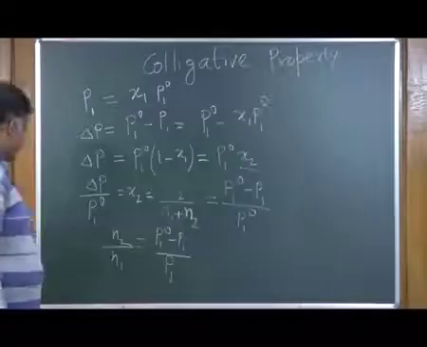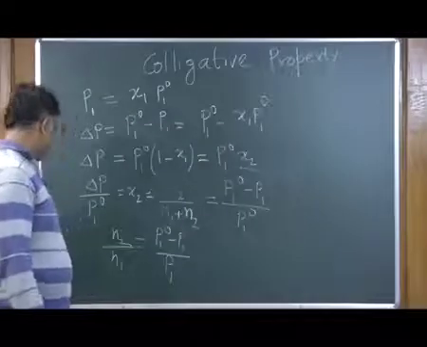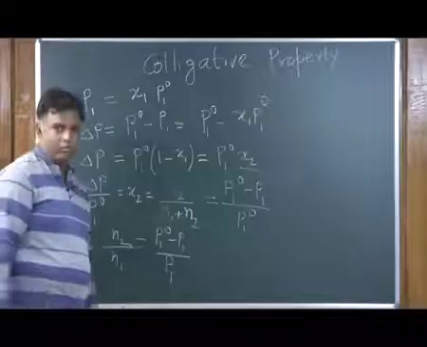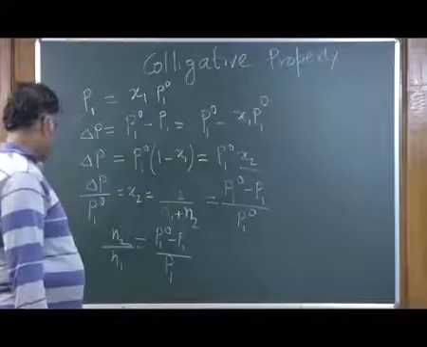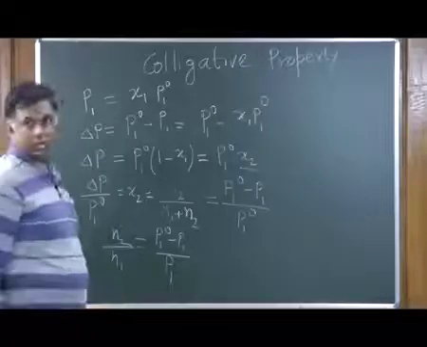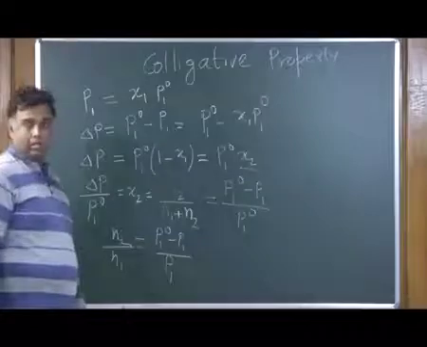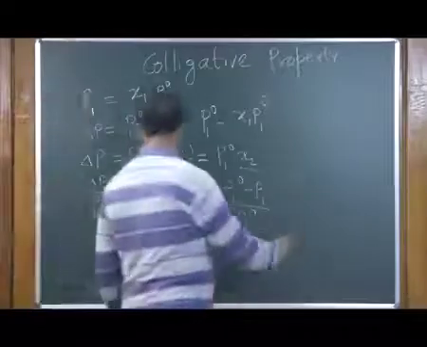And this equation can be used to determine the molecular weight of an unknown solute. If we do not know which solute is present in the solution, we can use this equation to calculate the molecular weight of solute as follows.